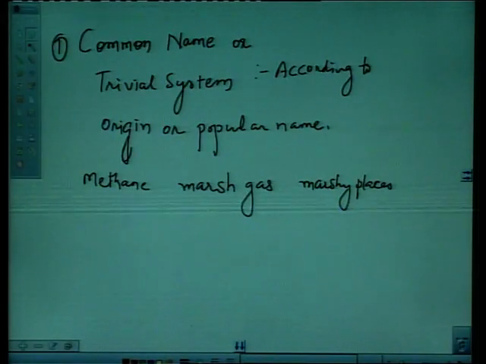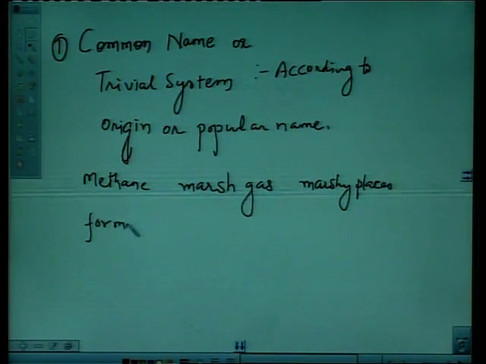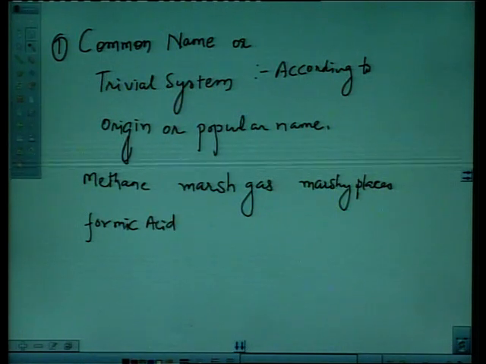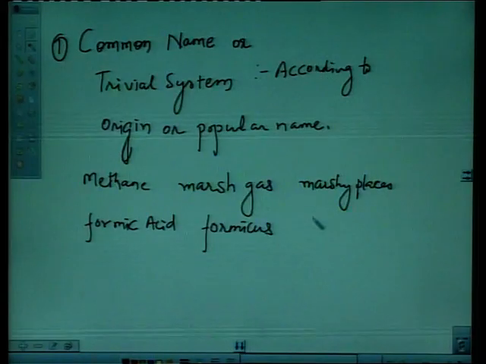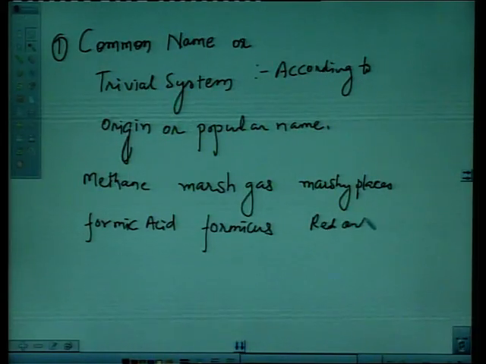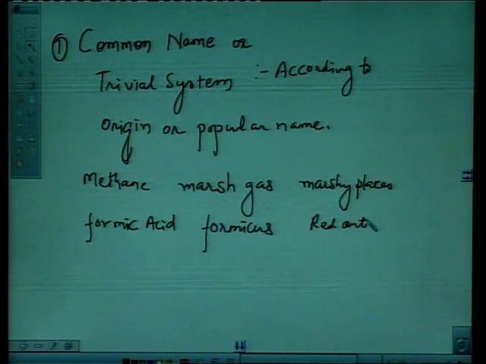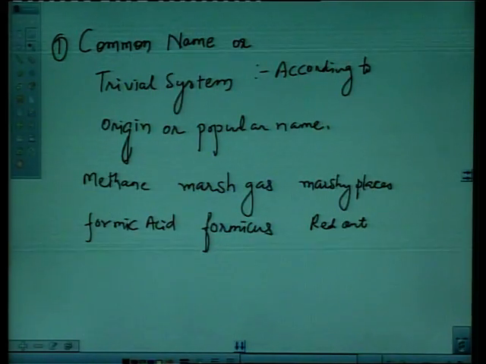And formic acid derived its name from formicus, because formicus is derived from red ants. The Greek word formicus means red ant. So formic acid is derived from formicus.